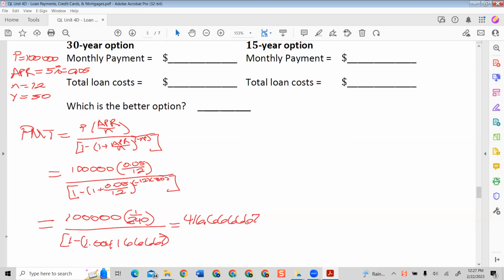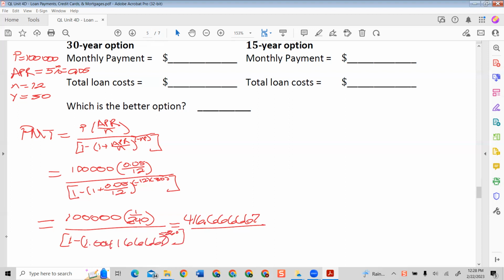And this can be raised to the power, and it's a negative power, 12 times 30, which is a negative 360. Now, let's take 1 minus, and don't forget that the parentheses is the only thing being raised to that power, negative 360.